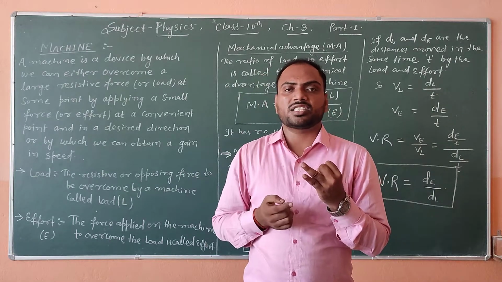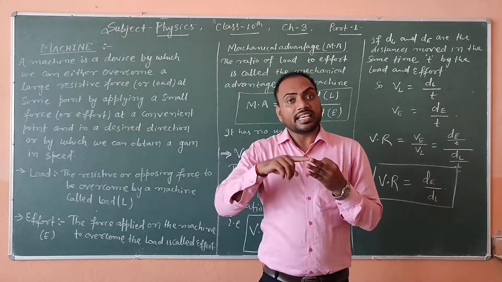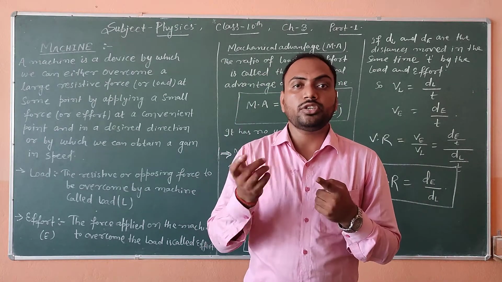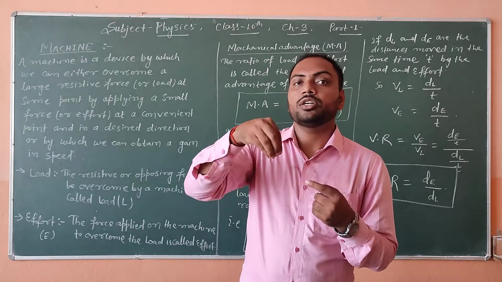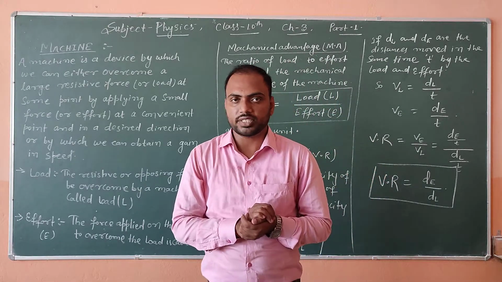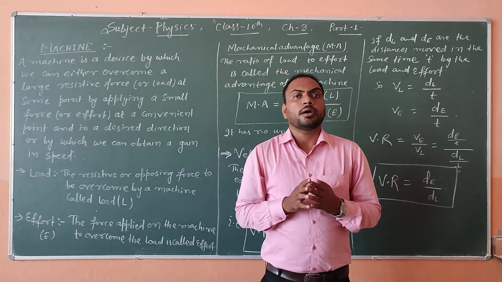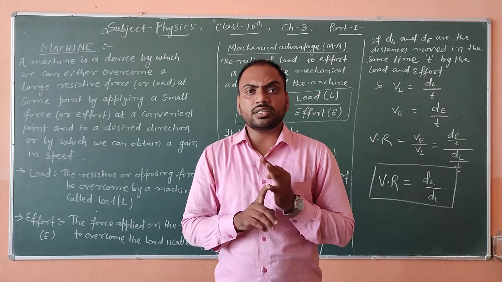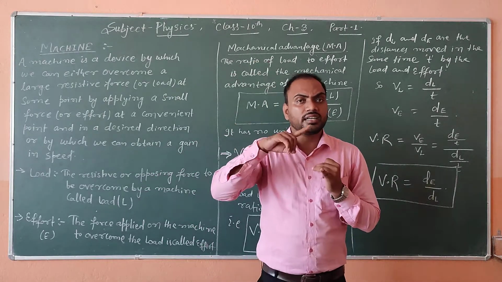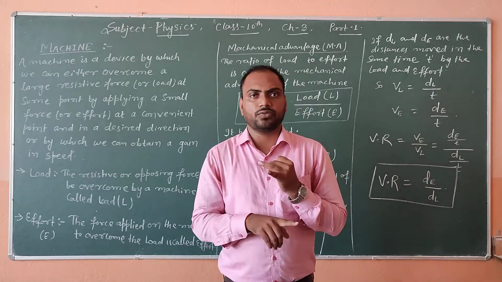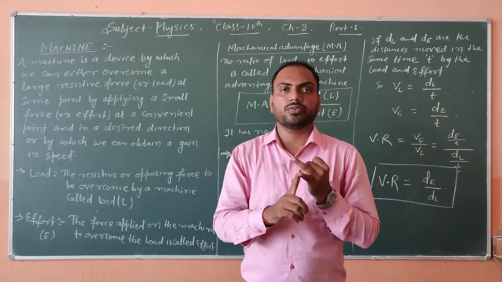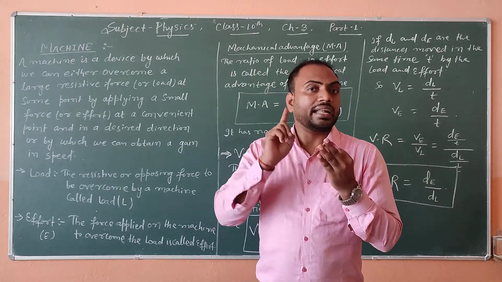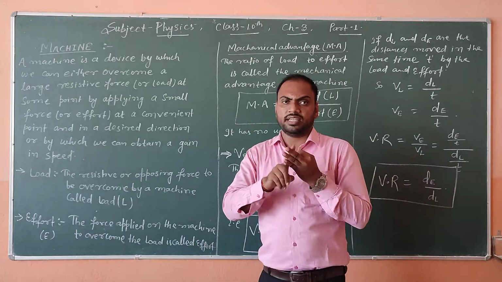It increases the speed. It changes the direction. And the fourth point, you use a convenient point where the machine is used. Basically machines do three things: multiply the force, increase in speed, change in direction. I will explain these three things at the end.